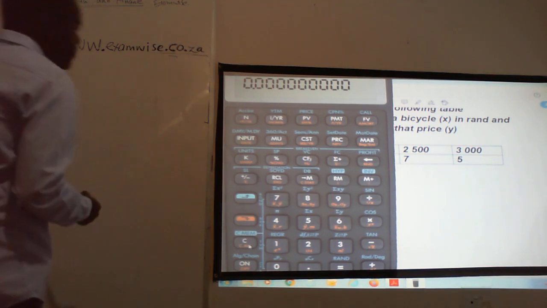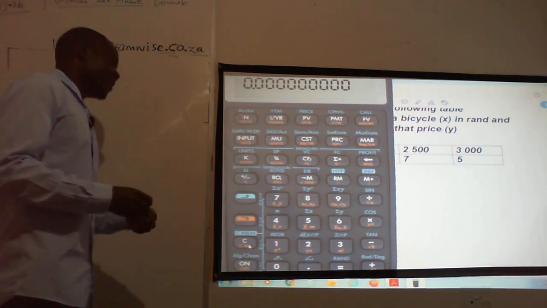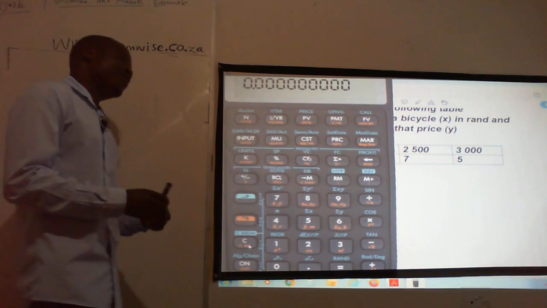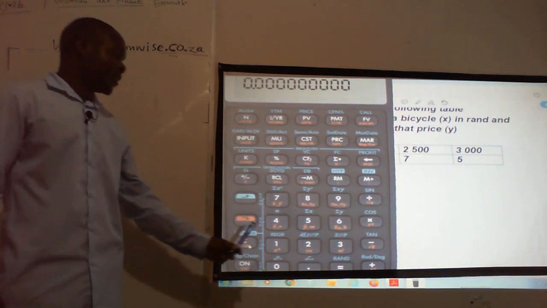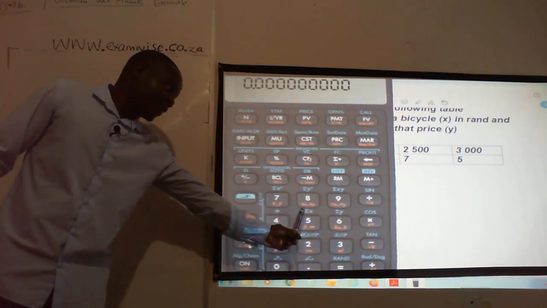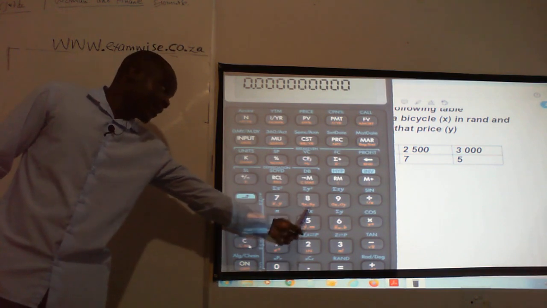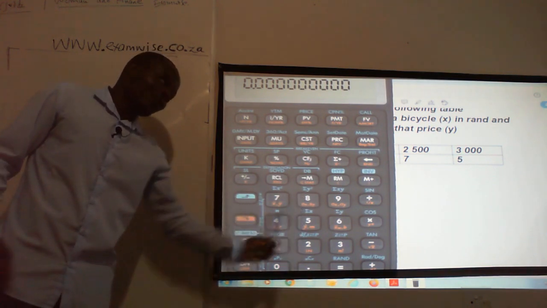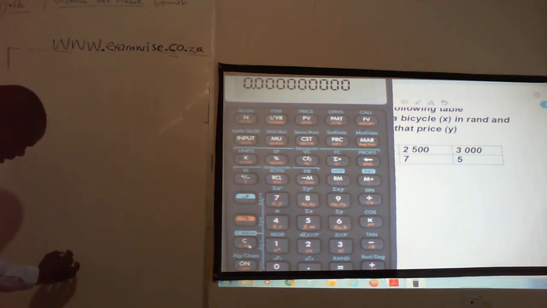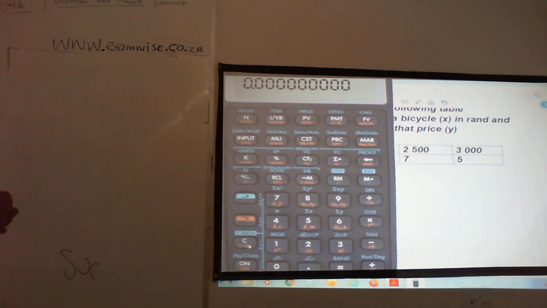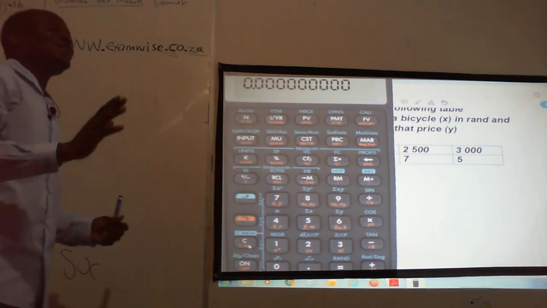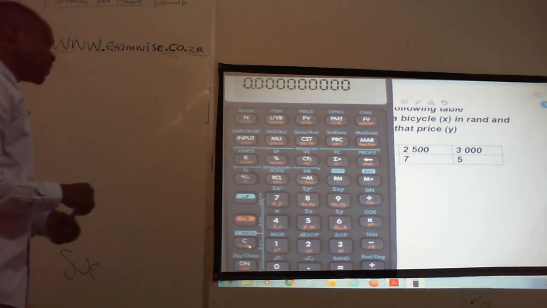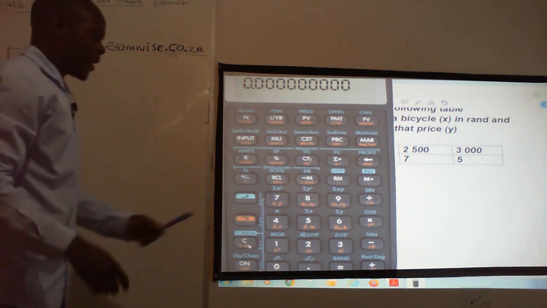The variable which we need to determine is our standard deviation. On our financial calculator, standard deviation is SX. Standard deviation is on the 8 button and it is in orange. Our standard deviation is SX, meaning that once we have entered the other variables, we have to press SX.